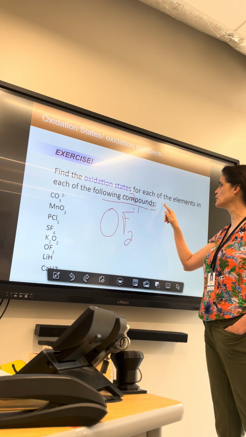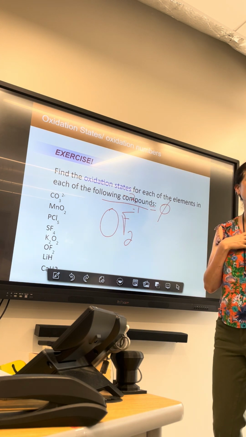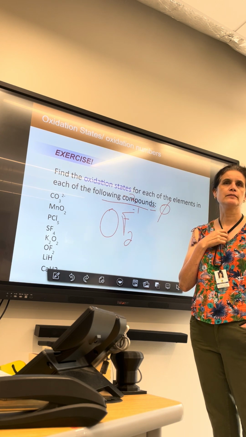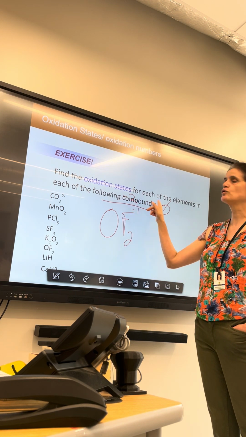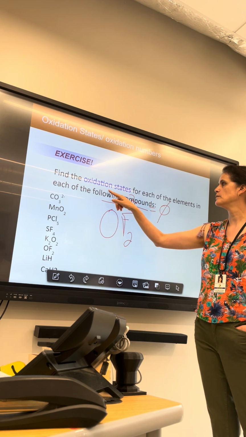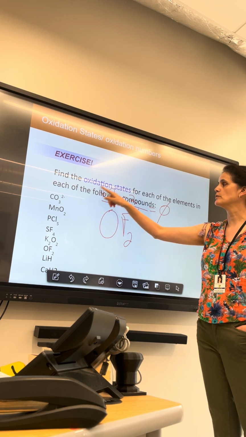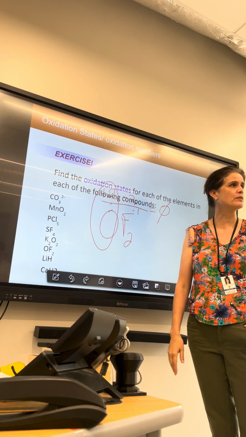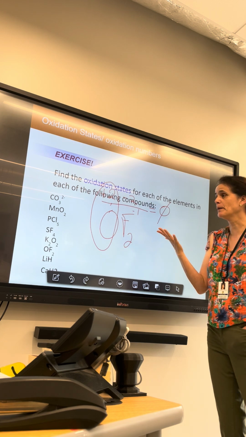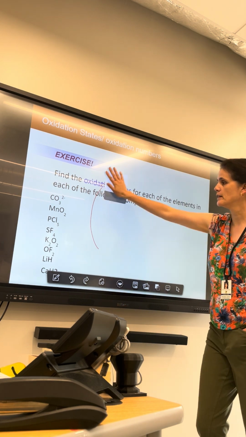No, because the total charge is 0. So what's the charge of oxygen? 0 minus -2 is +2. So it's a +2. Weird, right? And those are the hard ones because you're like, oxygen being plus? Yep, that's what fluorine does to you.